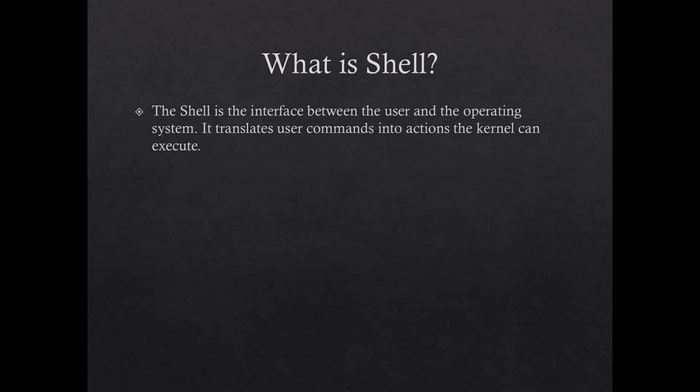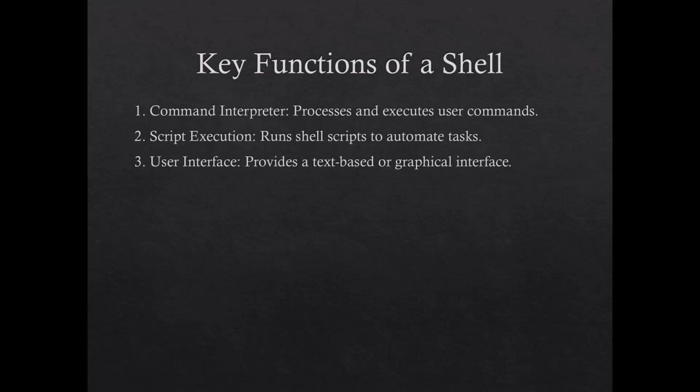It figures out what exactly the user wants to do, and if a correct command has been given, it starts the actions the kernel can execute. This instructs the kernel to execute the commands given by the user. Key functions of a shell.